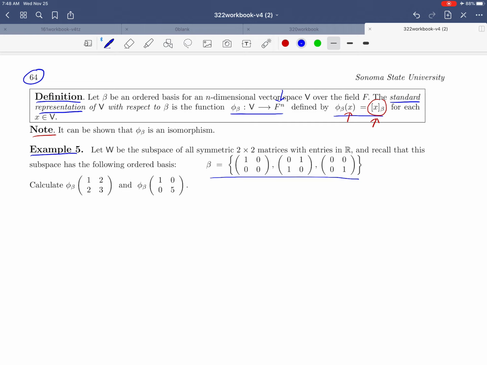Okay, so with that introduction, they'd like us to do two calculations here, starting with phi beta of the matrix [1 2; 2 3]. What is that really asking us to calculate? Well, phi beta takes the matrix and maps it to its coordinate vector. So we're simply asking the question, how do we build [1 2; 2 3] as a linear combination of our basis vectors?